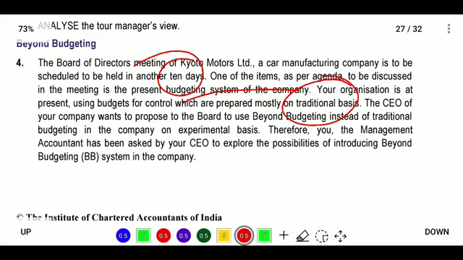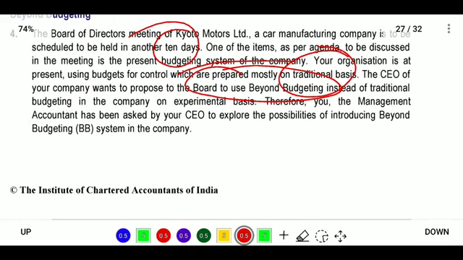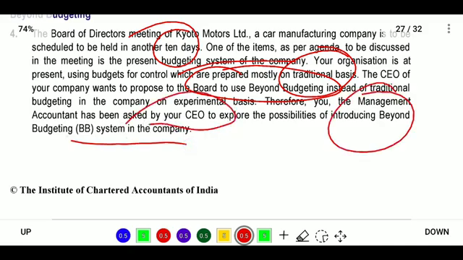So past data. The CEO of the company wants to propose beyond budgeting. So you want to change the budgeting to beyond budgeting. So the limitations in traditional budgeting we will overcome by using beyond budgeting. Next, instead of traditional budgeting in the company on an experimental basis, the management accountant has been asked by the CEO to explore the possibility of introducing the beyond budgeting system in the company.